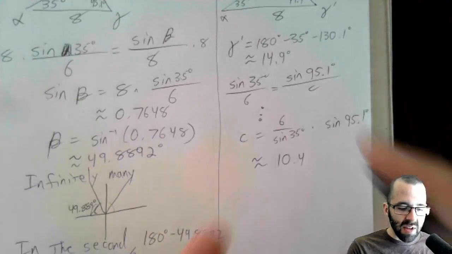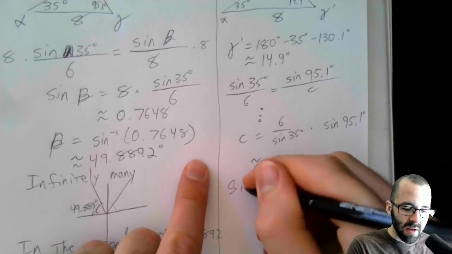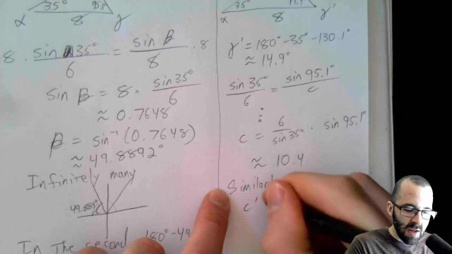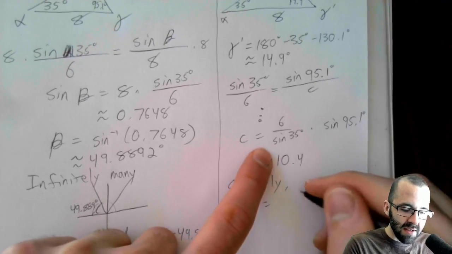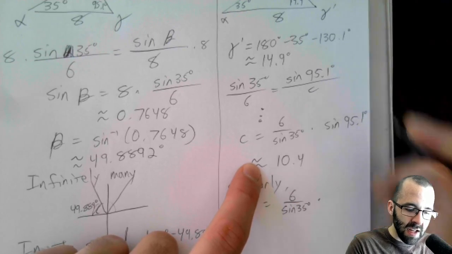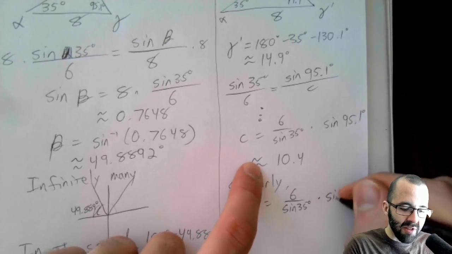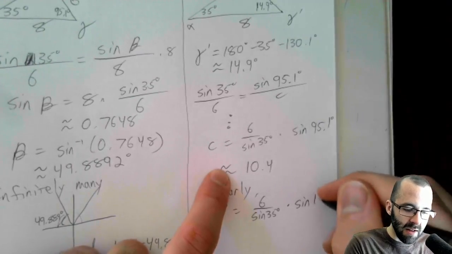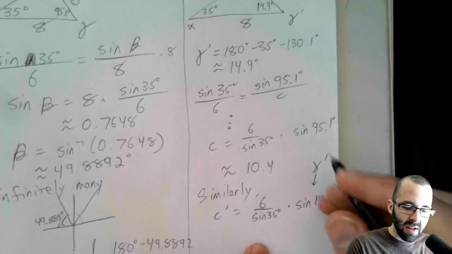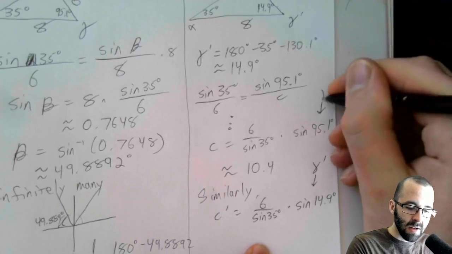And we have to do the same thing for C prime. And again, we're running low on time, so I'm going to skip a few steps. But C prime will also be 6 divided by the sine of 35 degrees. But this time, it's going to be multiplied by the sine of gamma prime, which is 14.9 degrees. Right? This is gamma prime instead of just gamma.